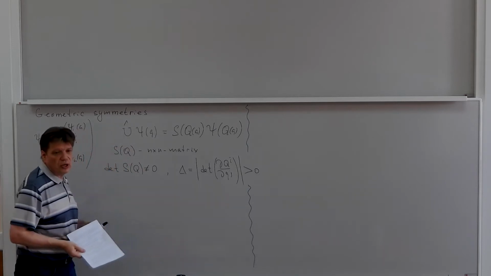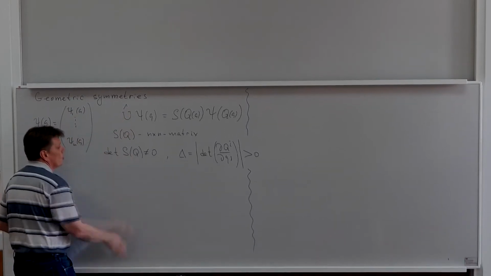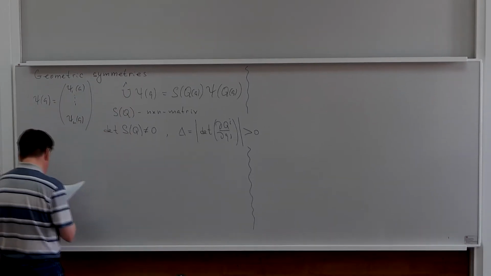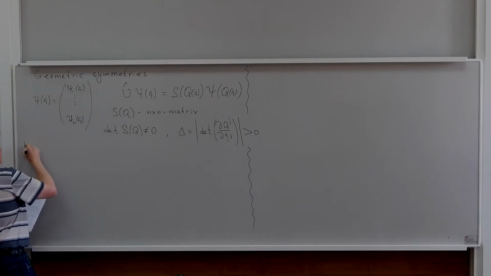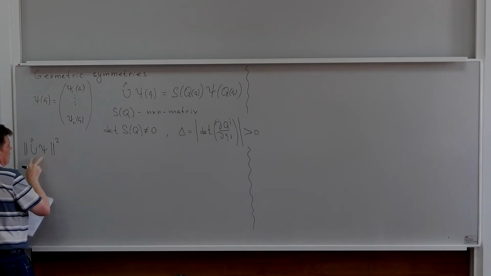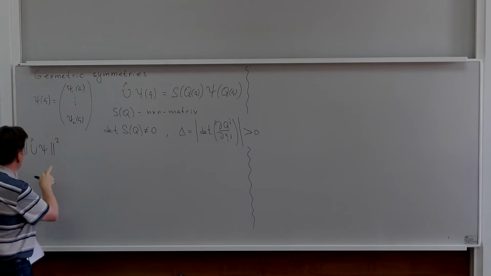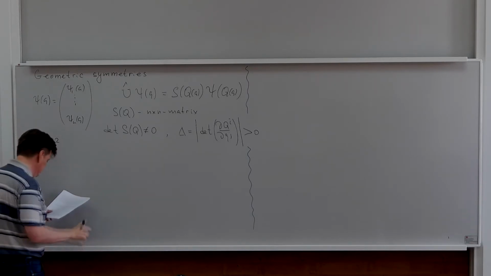Now let us check the unitarity condition, when this operator U is unitary. It is easy to check because we have the definition of unitarity. We have to compute the norm squared of the transformed wave function psi.